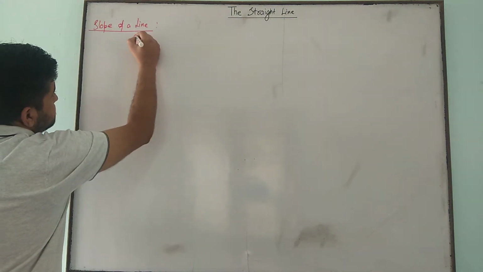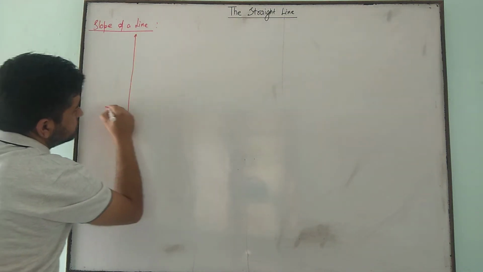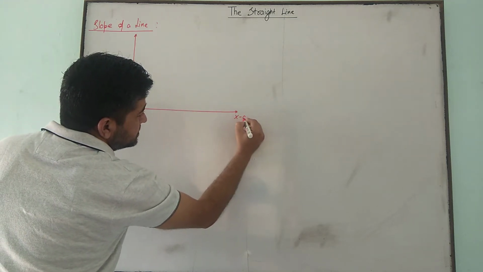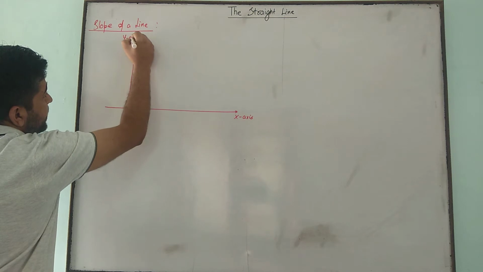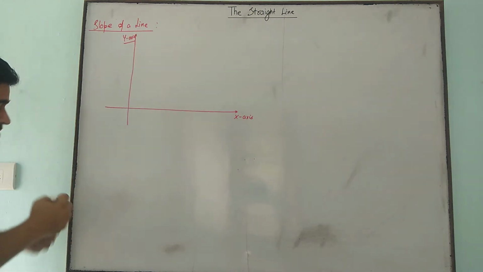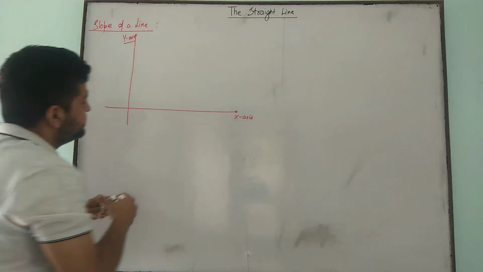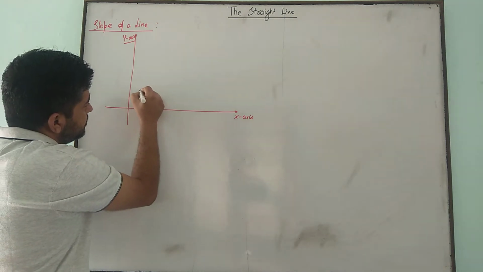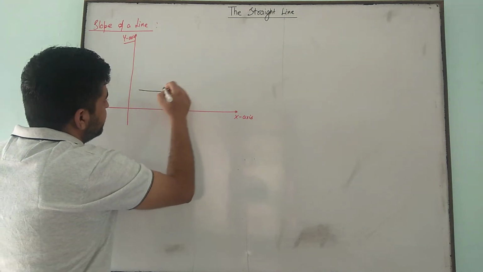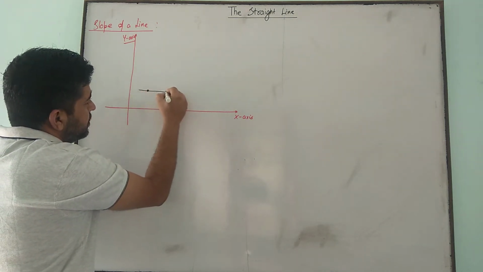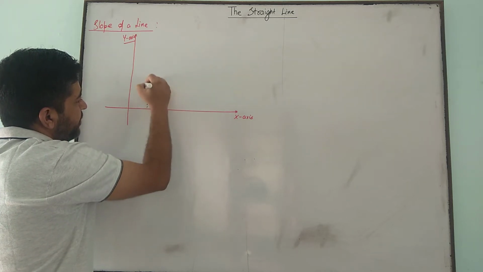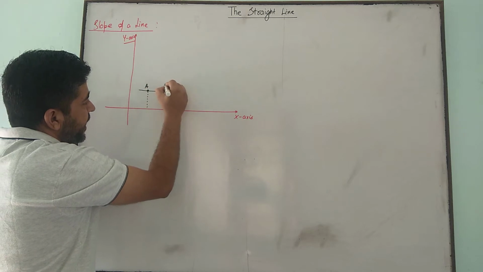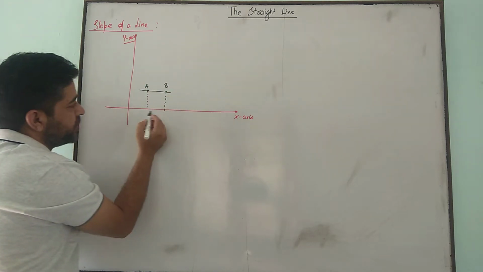See, this is the x-axis, say you can say the road, and perpendicular to it, the y-axis. Here we are going, and we are at point A, then at point B. There is no change.